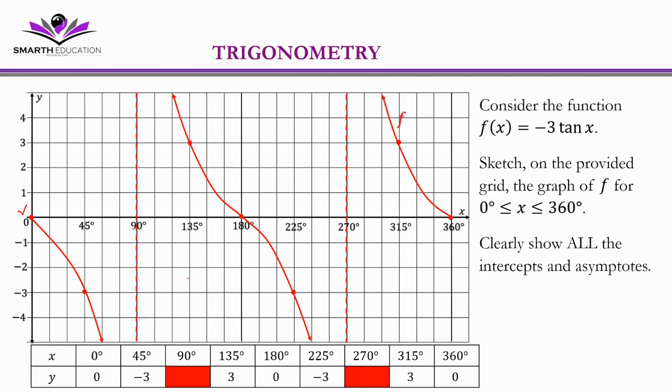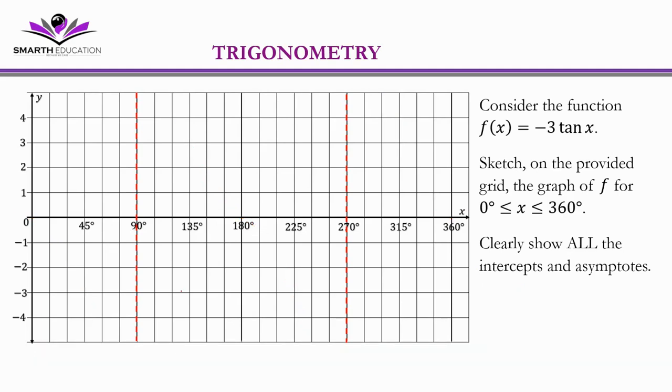Now, I want us to try and understand how we can sketch this graph from the parent graph. When I say the parent graph, I mean the graph of f of x is equal to tan x. Because we must know the key features of this parent graph. Let's discuss. The parent graph, the graph of tan, let me call it g of x. G of x is equal to tan x. This graph at 0, y is 0.